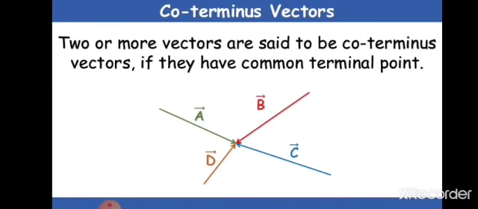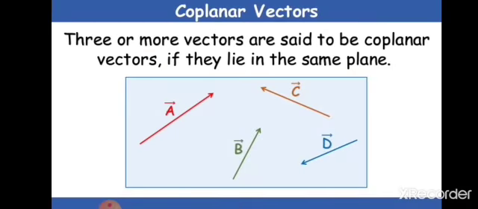So all the vectors have a common terminal point, a common head point. Here the four vectors, vector A, vector B, vector C and vector D, are coming in different directions, but their terminus point is common. That is called coterminous vectors.